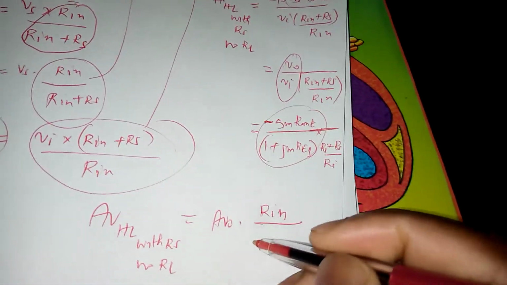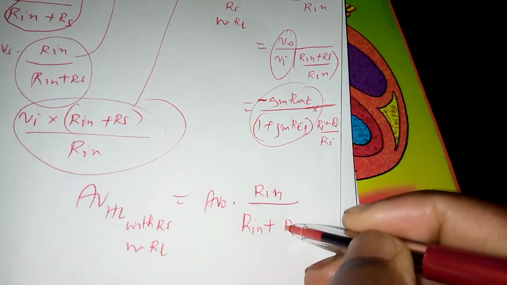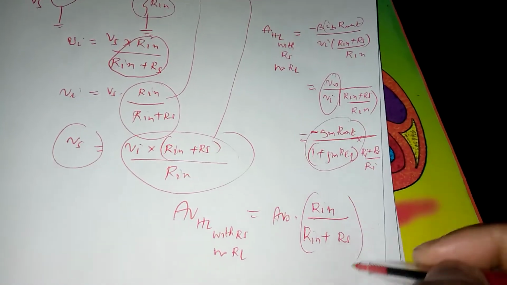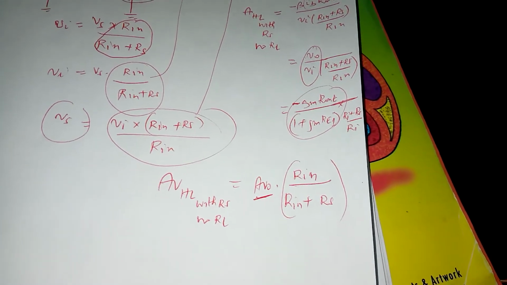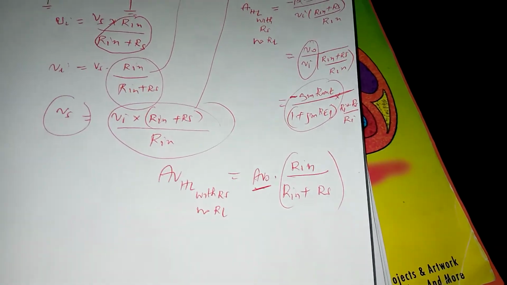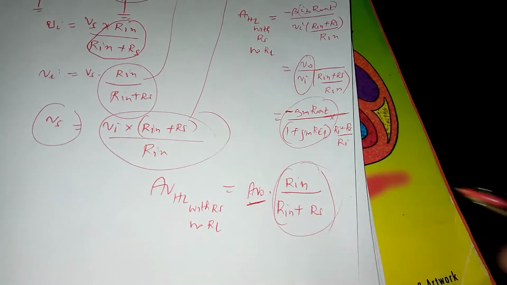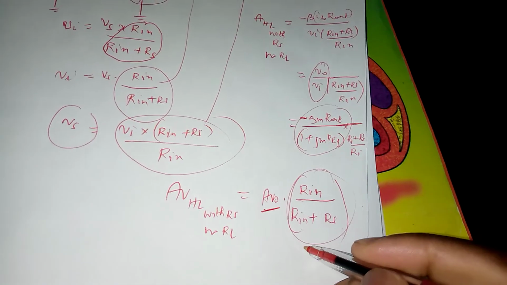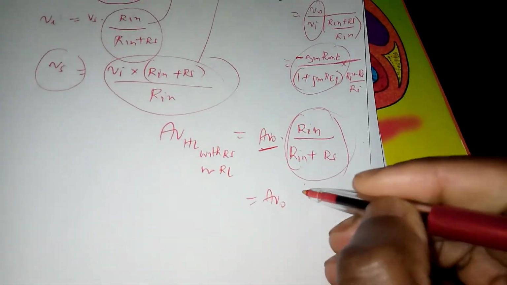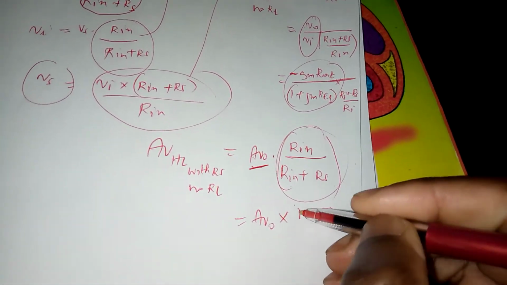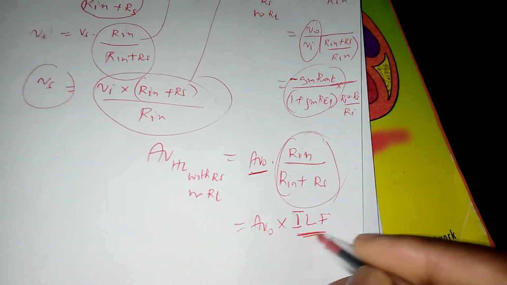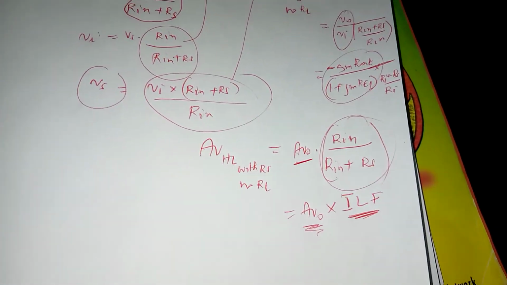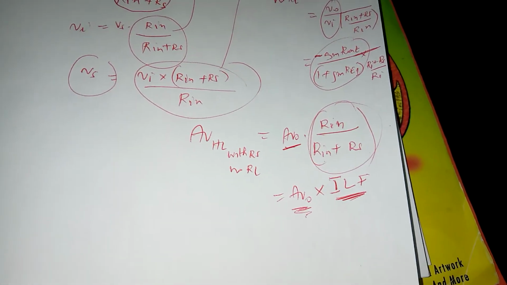So to get to the half-loaded gain where you consider RS and no RL, you just have to multiply the already known gain AVO, which is the maximum gain or the unloaded gain, by that parameter, Rin divided by Rin plus RS, with Rin that you will have calculated. This parameter is sometimes what we call the input loading factor. Input, because here it shows the impact of RS on the unloaded gain. So when RS comes in, what does the unloaded gain become? That's the idea.